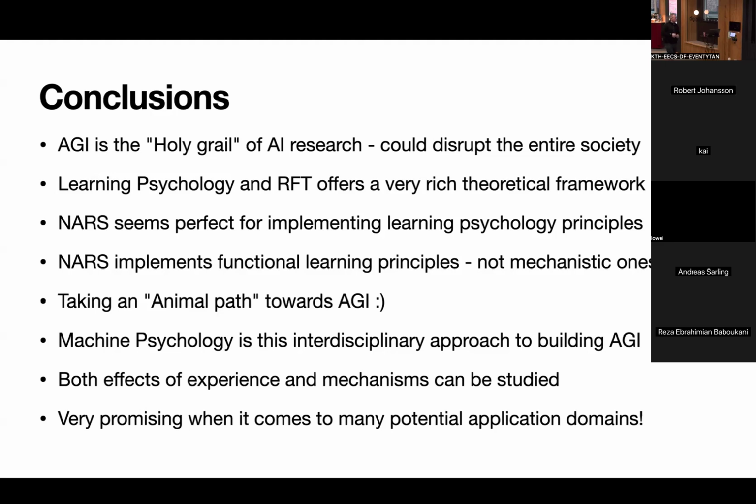Relational frame theory is that cognitive model. So I think it also shows how this type of work can have a massive influence on many important application domains. So with that, I stop there, and thank you very much for listening.